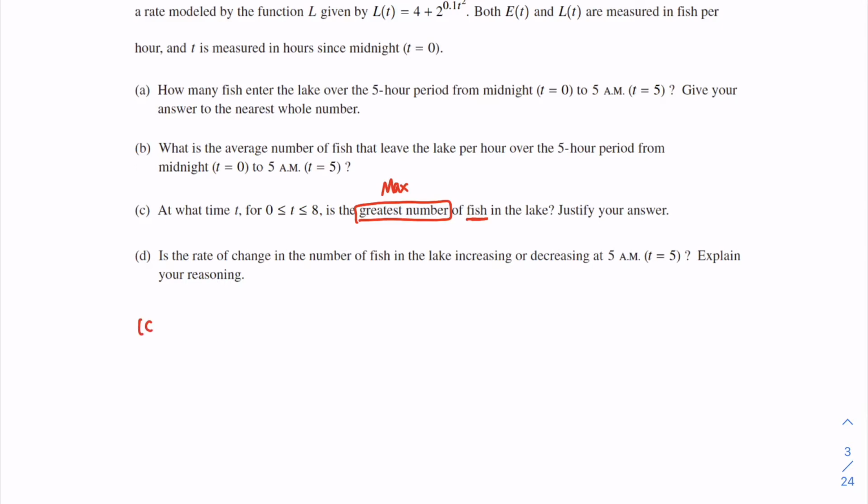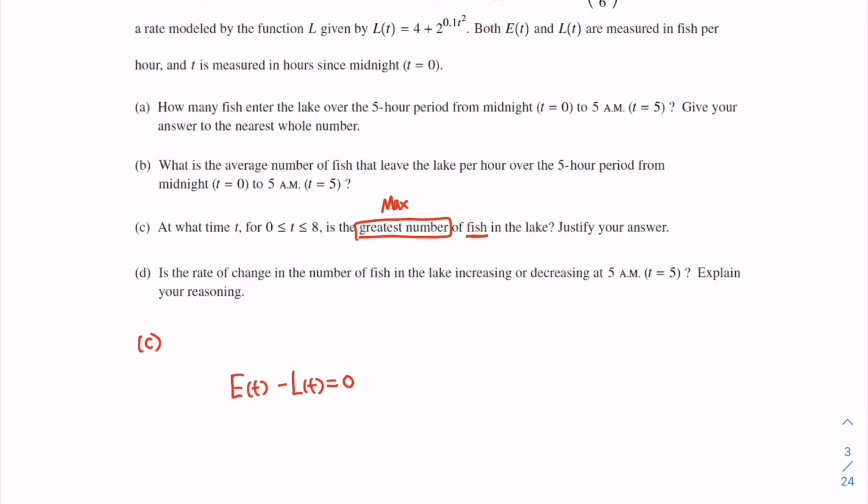For some students, if you look at the answer key, the answer is given by E of t minus L of t equals 0. It's a little bit confusing. Why is this right? Because we want to maximize the total number of fish. So first, what's the total number of fish?